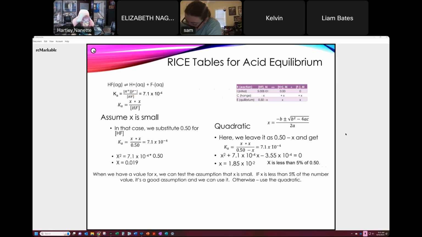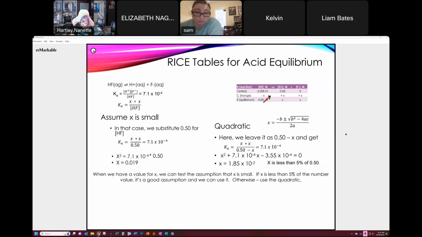My Ka, if I have no other source of these things, is then going to be X times X over the concentration of HF, because we make the approximation that X is really small compared to the initial concentration. So even though I know that in this equilibrium row it should be 0.5 minus X, we always make the small x approximation and ignore that part.